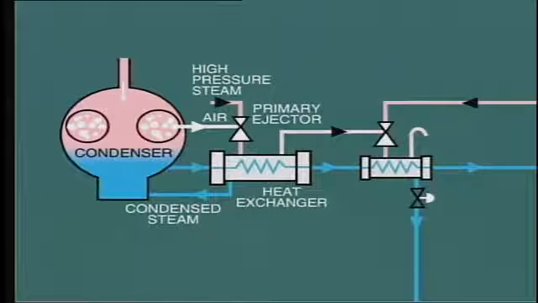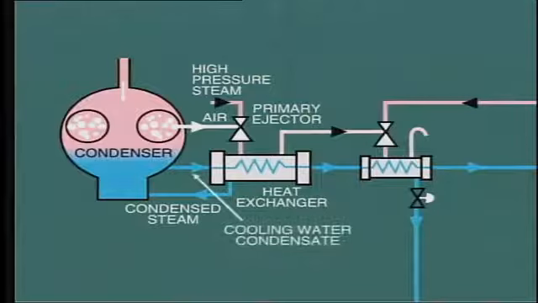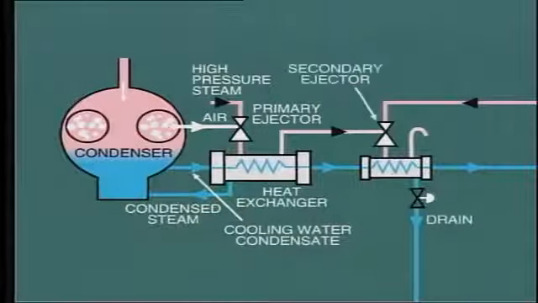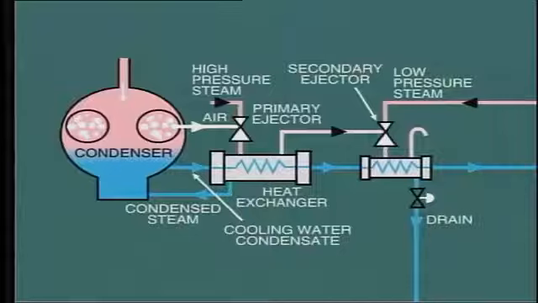The cooling medium is usually condensate, so all of the heat is retained within the cycle from the intercooler. The air is now drawn into a second stage ejector, which is at quite low pressure, that is, a modest vacuum. From here, the air and a small amount of steam is exhausted to atmosphere.